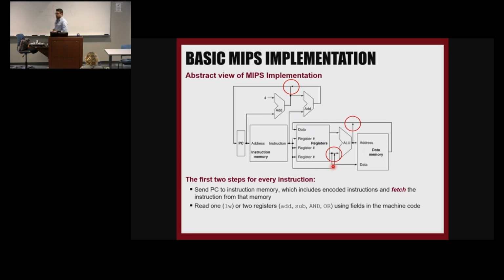For example, with a 2-to-1 multiplexer, we just need one line to choose between the inputs. If it's 0, it's going to connect this path. If it's 1, it's going to connect the other path to the output.